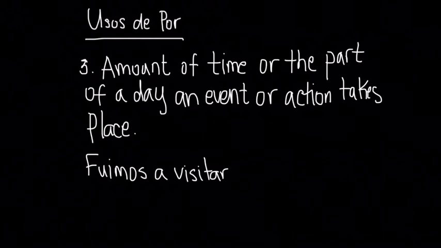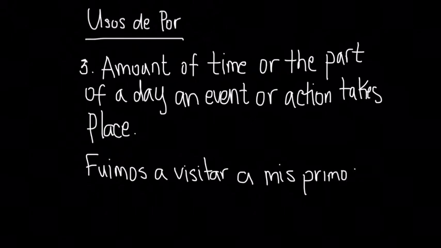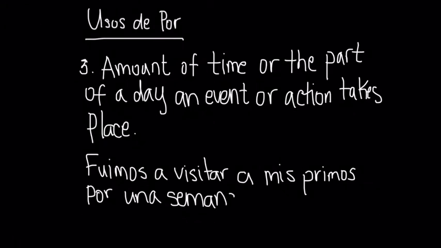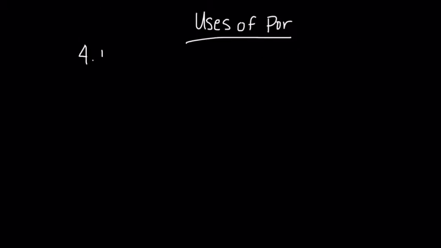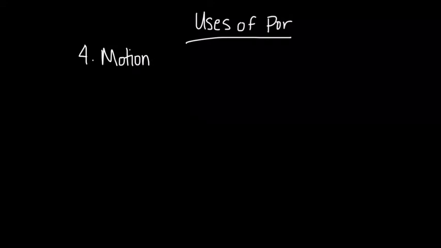So for example, "Fuimos a visitar a mis primos por una semana," which means we went to visit my cousins for a week. That for indicates the amount of time or length of time I spent visiting my cousins.